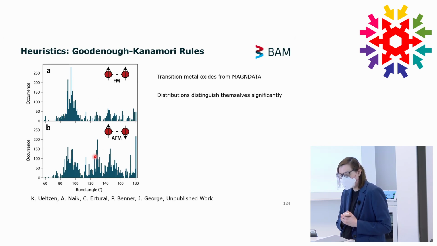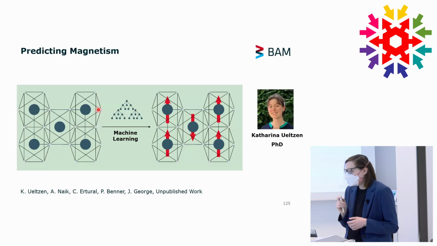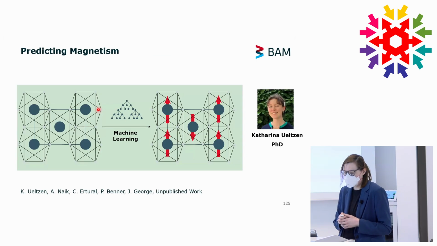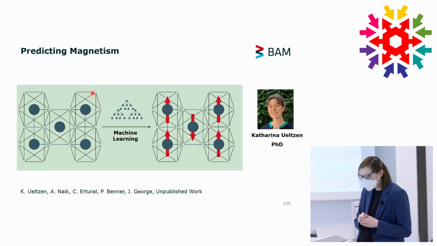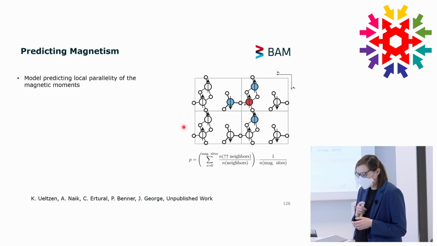But what we can say when we do a statistical test is that these distributions are actually different. So there is really an influence of the bond angle on the transition metal oxides, also based on the statistical analysis. And now we try to use this kind of idea, of course, also in our machine learning model to learn the magnetism and the magnetic structure.